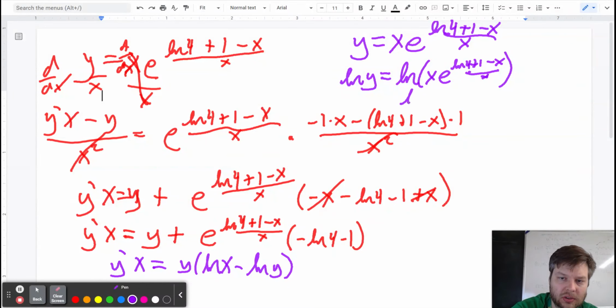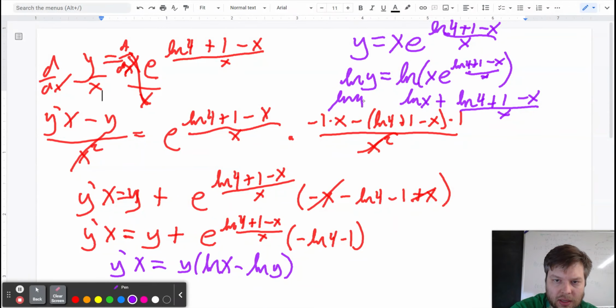So that would be the natural log of x plus, and then the natural log of the rest of it will cancel out the e, leaving me with natural log of 4 plus 1 minus x over x. So that's what the natural log of y equals.